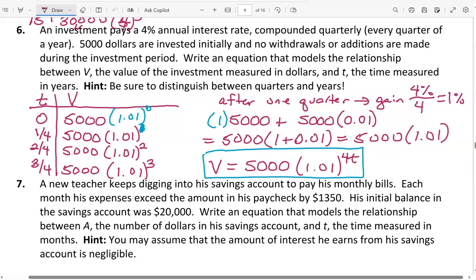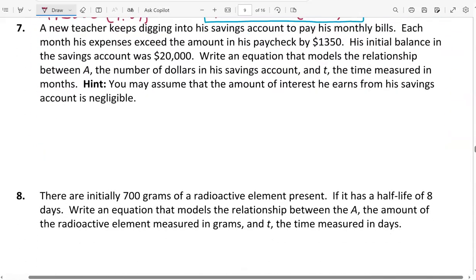In number 7, we have a new teacher digging into his savings account to pay his monthly bills. Each month, his expenses exceed the amount in his paycheck by $1,350. The initial balance in the savings account was $20,000.